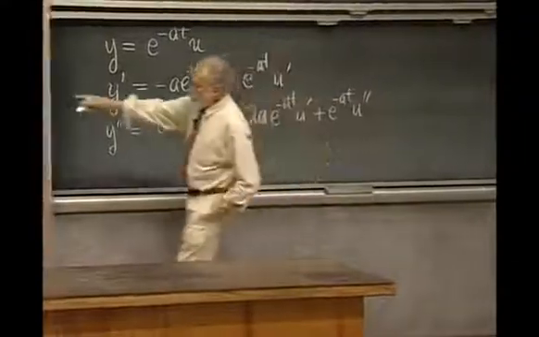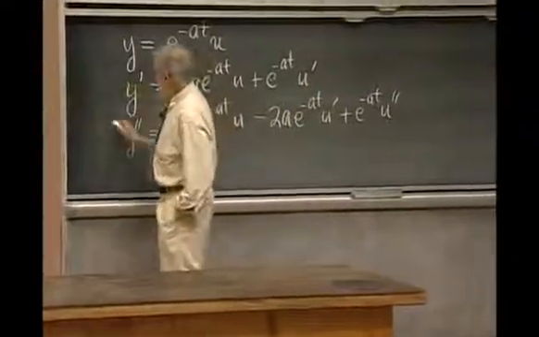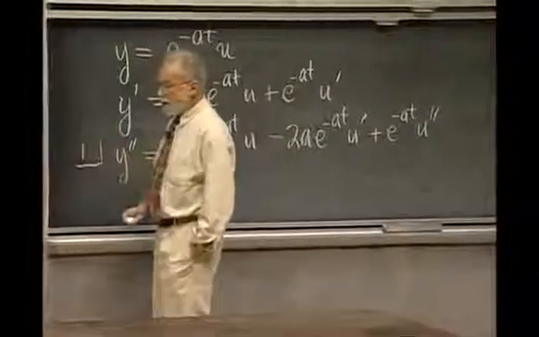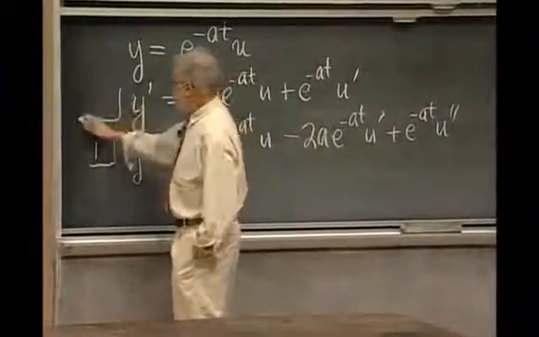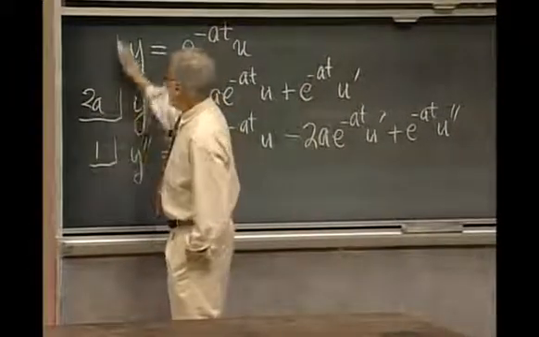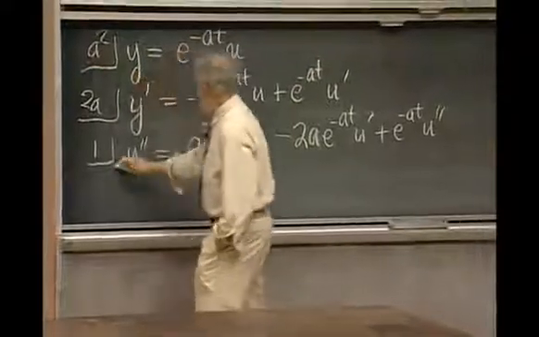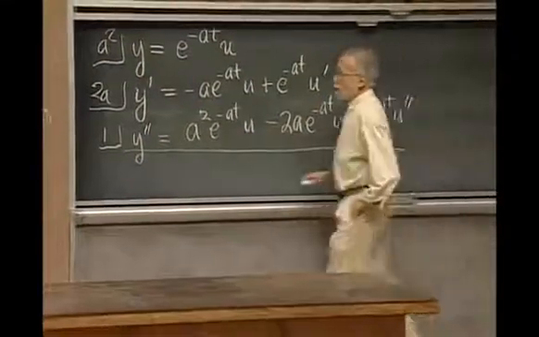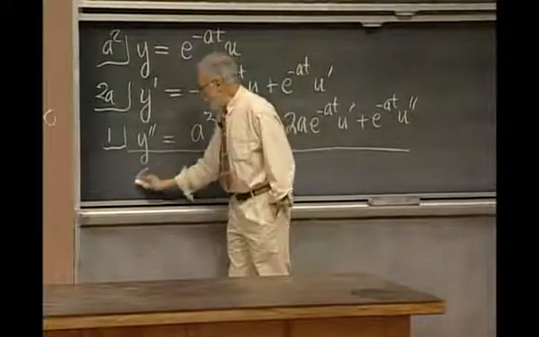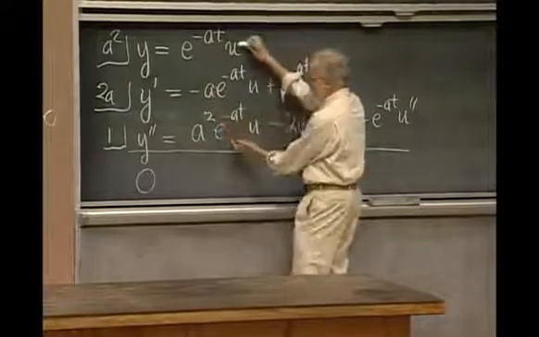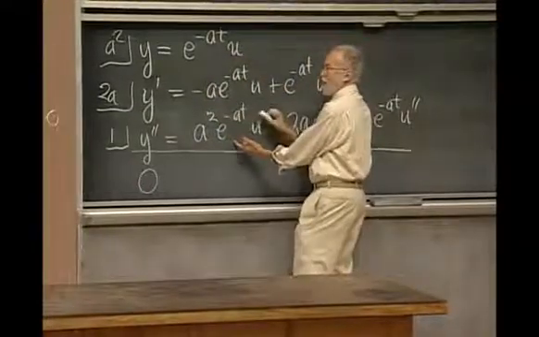And now to plug into the equation, you multiply this line by 1, in other words you don't do anything to it. You multiply the next line by 2a, and you multiply the top line by a squared, and you add them. On the left-hand side, I get 0. What do I get on the right? Notice how I've arranged the work so it adds nicely.